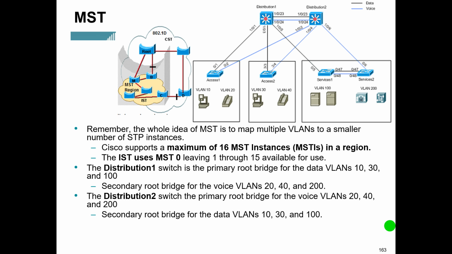Distribution 2 switch is the primary root for 20, 40, 200 and the secondary root bridge for the data VLANs 10, 30, and 100. So what we can do is assign Distribution 1 as the primary for its 3 and a backup for 20, 40, 200, while on Distribution 2 we set the primary for 20, 40, and 200 and have a secondary root bridge for the data VLANs.